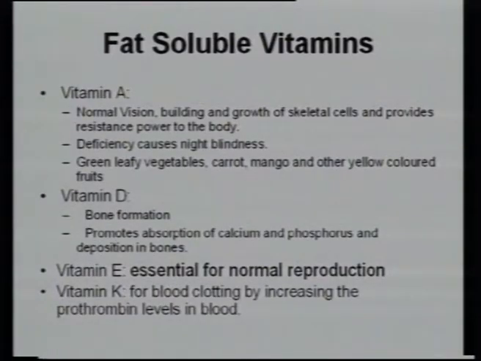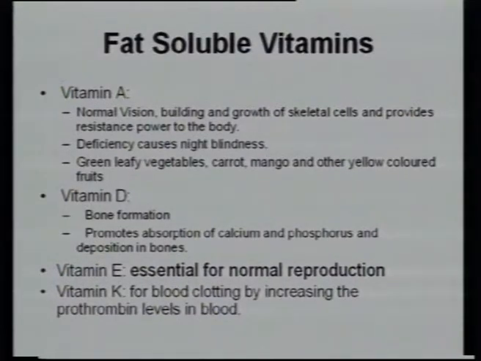Vitamin A, we know, has been associated with night blindness, so it helps in normal vision, and it also provides resistance power to the body. It is present in green leafy vegetables, carrot, mango and other yellow colored fruits.